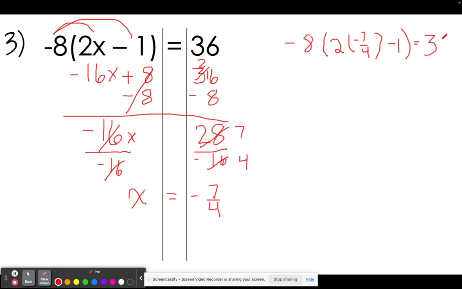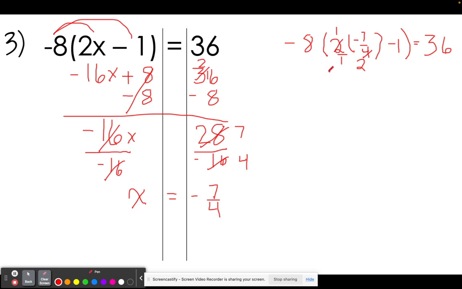I hope so, or I'm going to have to start this video over and that won't be fun. Okay, so 2 is the same as 2 over 1. I can simplify before I multiply. This would become a 1. This would become a 2.